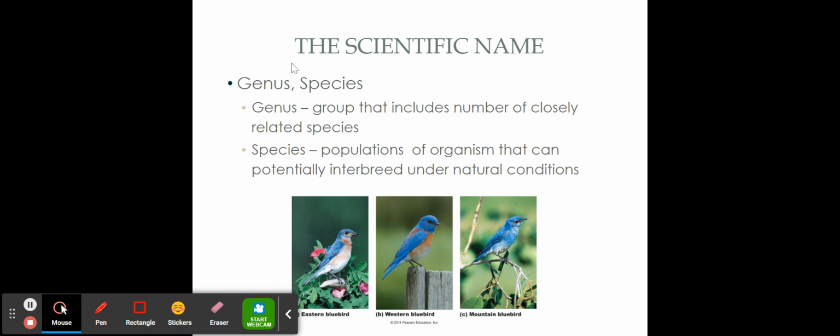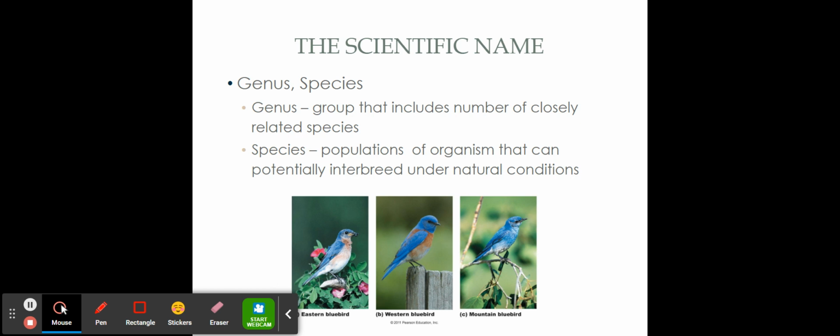So again, with our binomial, bi means two, nomial means name, so it literally translates to two names. When we do binomial nomenclature, we use the genus and the species. The genus is going to be the group that is closely related, and then the species is the population that can interbreed with each other.